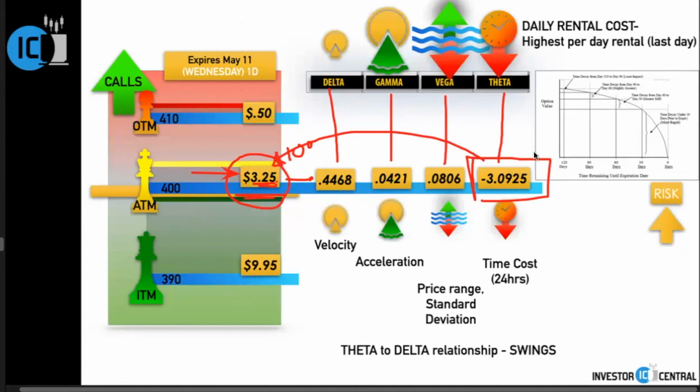I do want to point out, theta is this situation of, we talked about the per day rental, but theta on that last day is always going to carry the most risk, because if the option doesn't attain this value, and let's say the market closes at $399.99, then the entire value of this option is going to go down to zero.